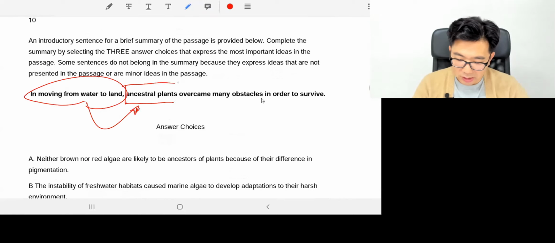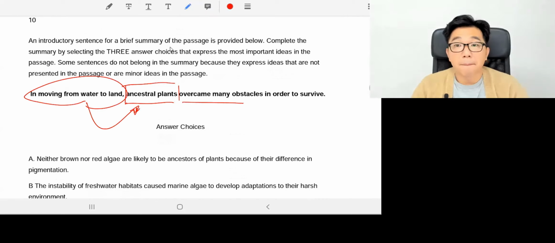Okay, so early land plant. Okay, so what did they overcome? All right, and what adaptation and evolution they went through. Let's pick some main ideas to support this thesis.